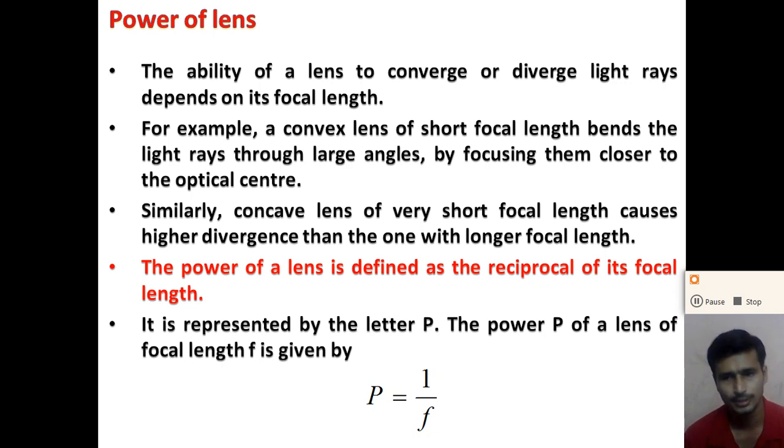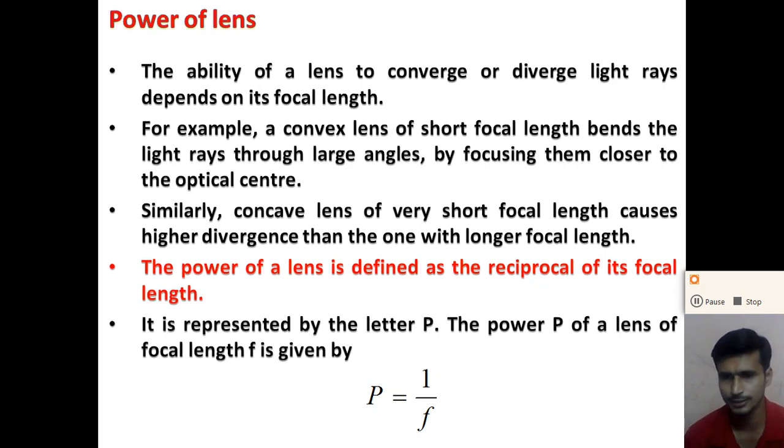So we can say that the ability of the lens to converge or diverge depends on its focal length. If the focal length is large, it will converge at a small angle, and if the focal length is short, it will converge at a large angle, so the rays of light focus very close to the optical center.